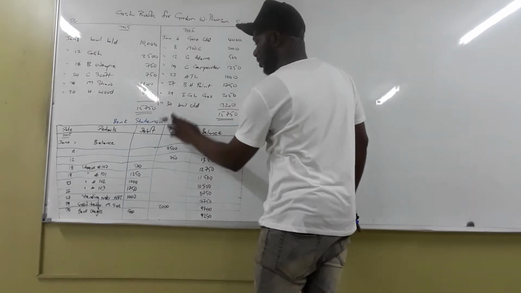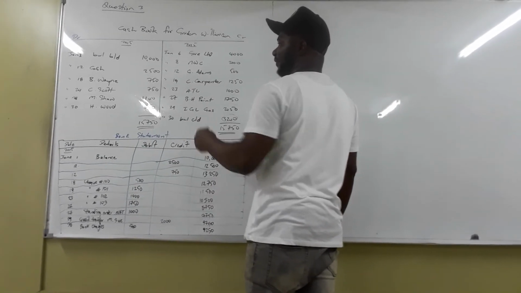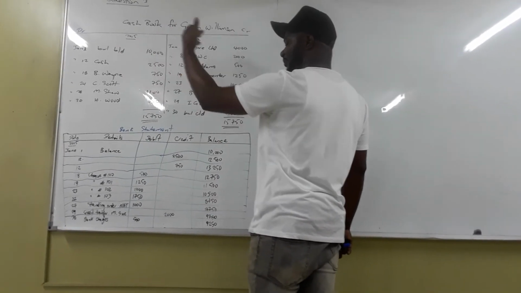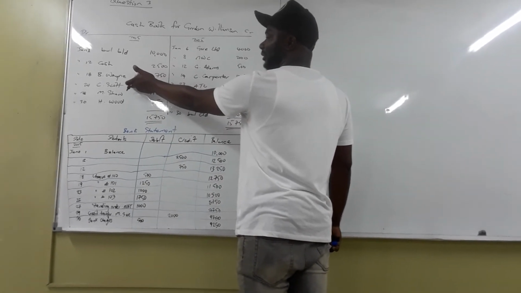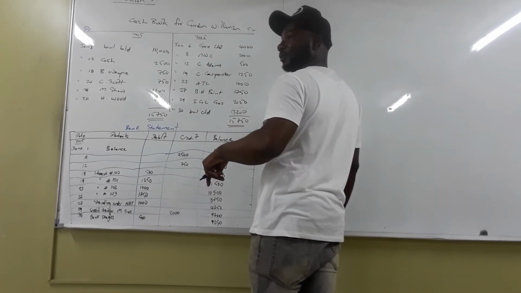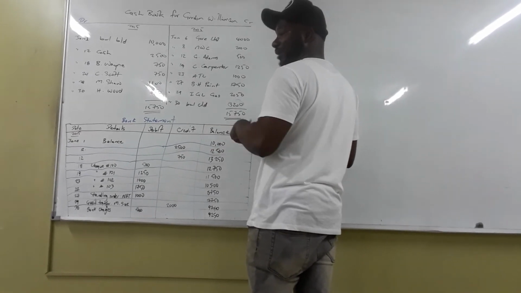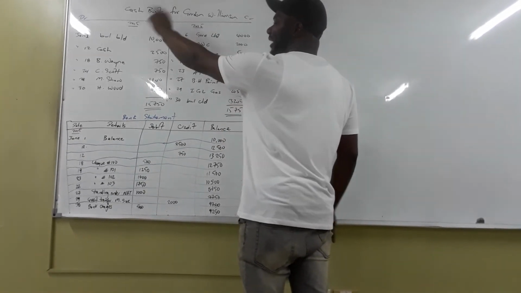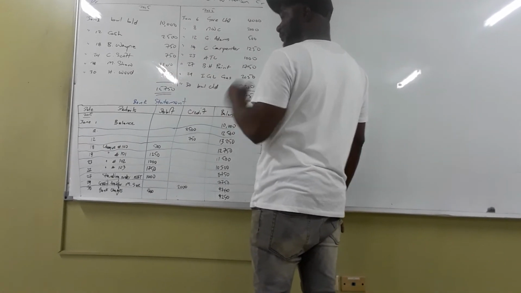Because remember that for every debit you have a corresponding credit. So when you debit to increase your account, the bank is going to credit to increase the amount of money that they owe you. So the bank credits your account to increase your account, whereby you debit to increase your account. Because for every debit there is a corresponding credit.